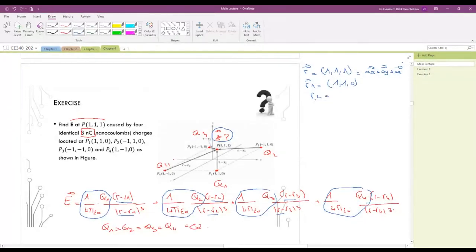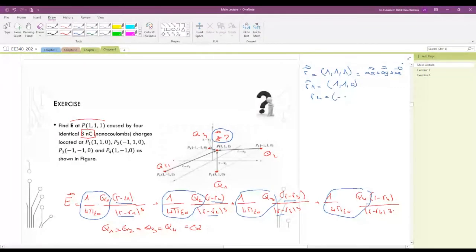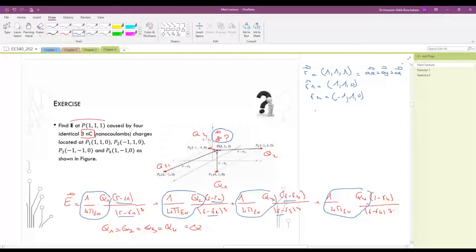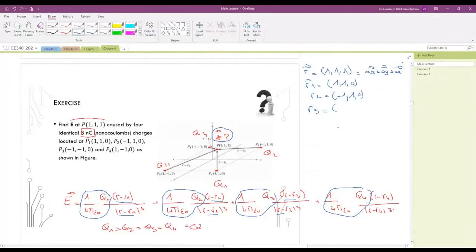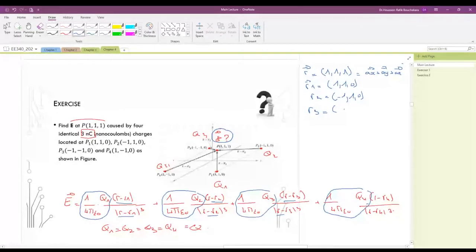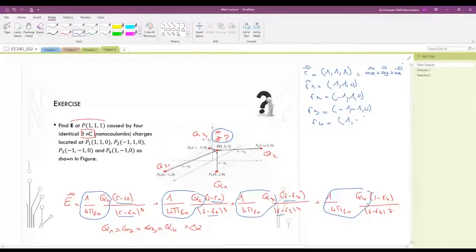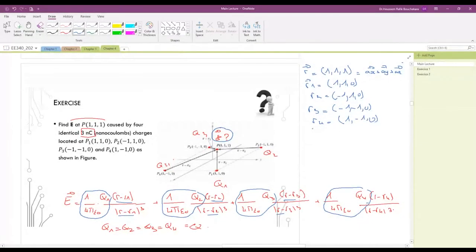R2 minus 1 1 0. R3 minus 1 minus 1 0. R4 is 1 minus 1 0.